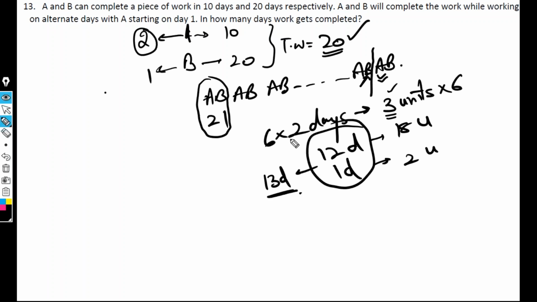Vamshi, Saurabh, Anubhav, Rahul, is it clear? Good. No issues. Okay, then let's move ahead.